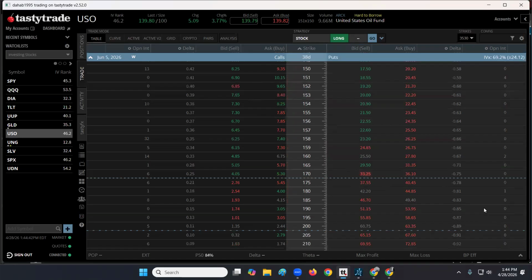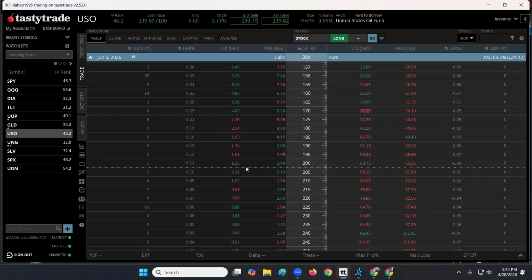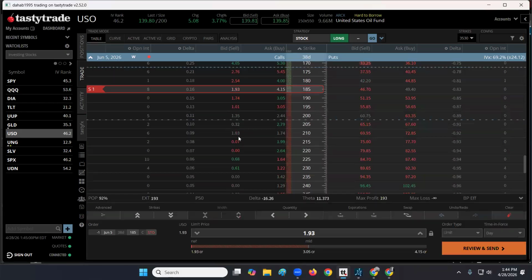Now, if I want to do the other math formula, looking for the sweet spot, there's one. The 16 delta right there. See, the 16 delta is 185.